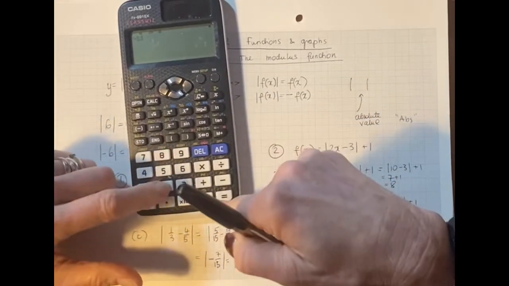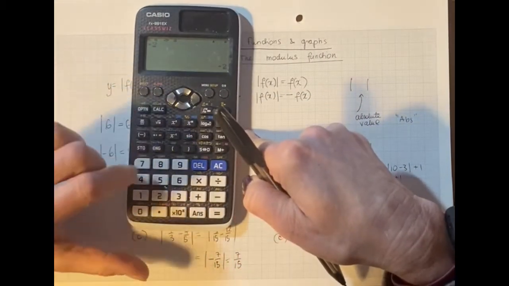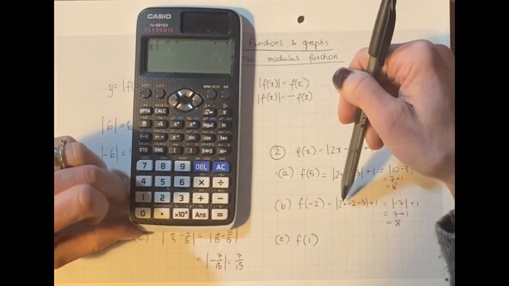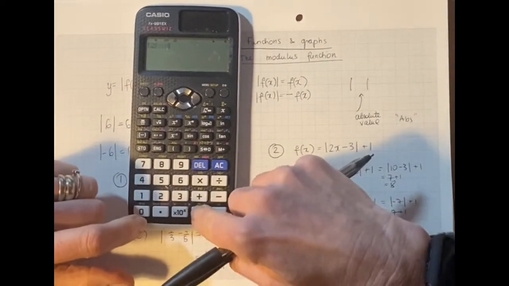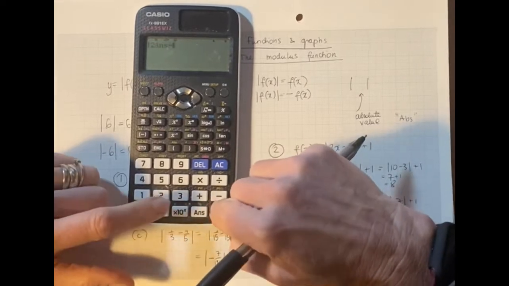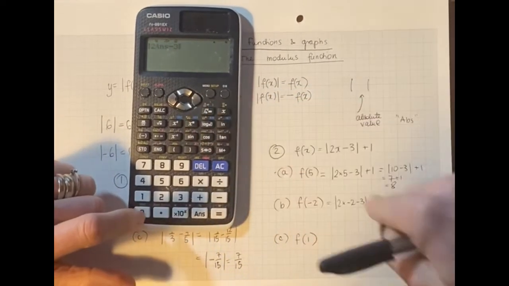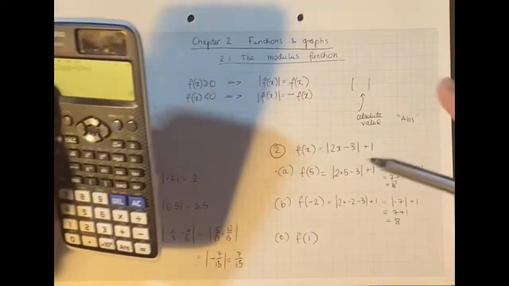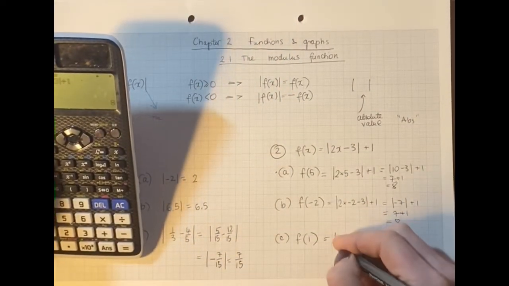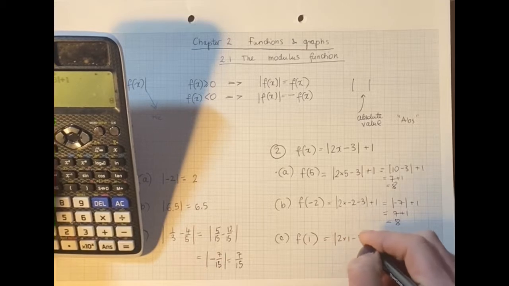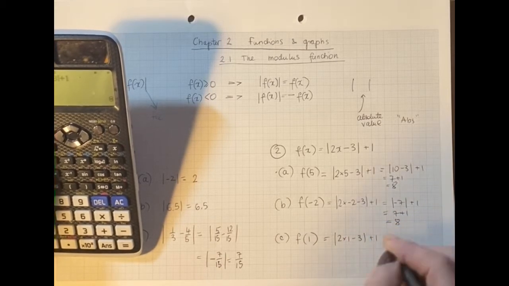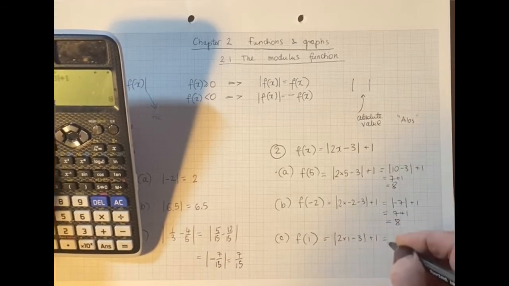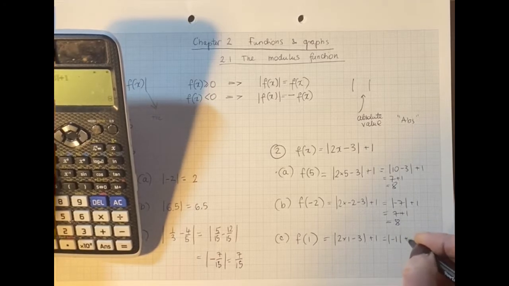Then you do the absolute value, and you have 2 times ans minus 3, and then go outside the absolute value, plus 1. So the answer is 8. And then if you want to put 1, it's 2 times 1 minus 3 plus 1. So this is going to be minus 1, modulus of that, which should be 1. 1 plus 1, which is 2.